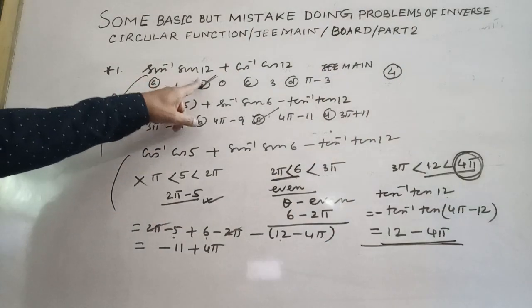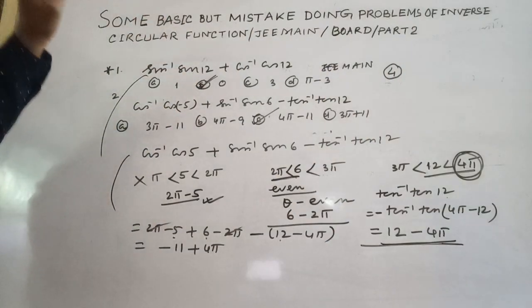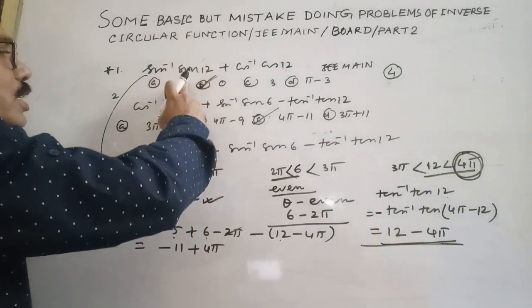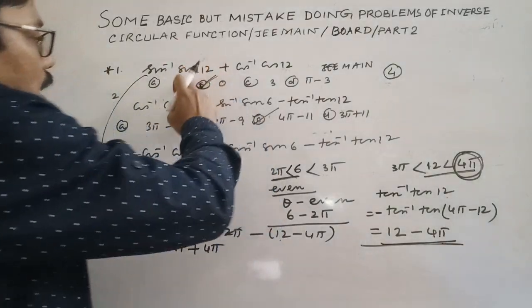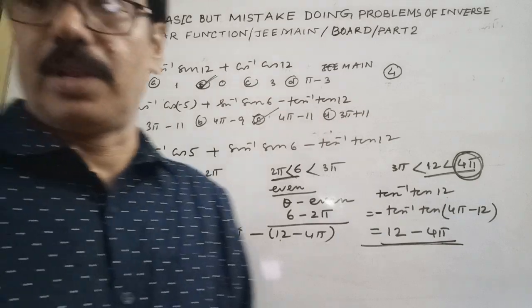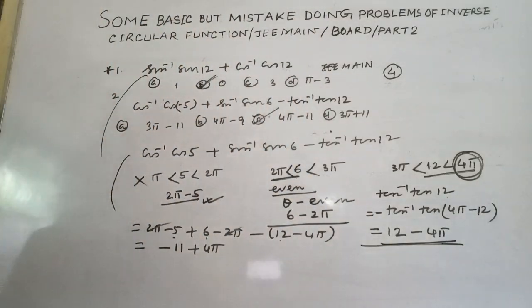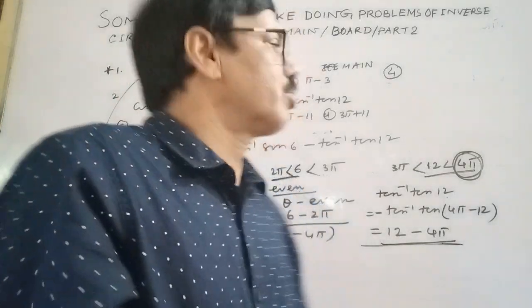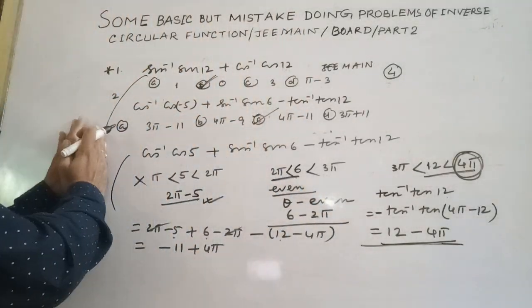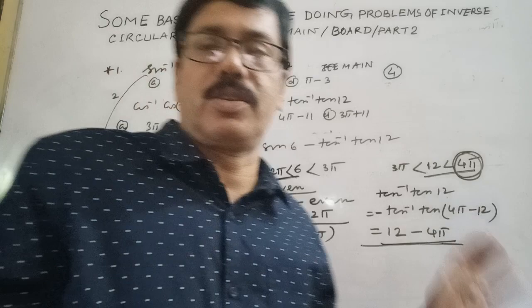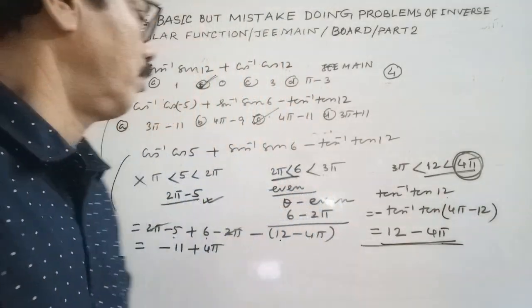Sine inverse sin 12 is not 12. So you try to express this angle in terms of the principal value. And in case of sine and cos, you can use the shortcut method. So these are 4 marks problems of WBJEE Main. So you can solve them within 1 minute.